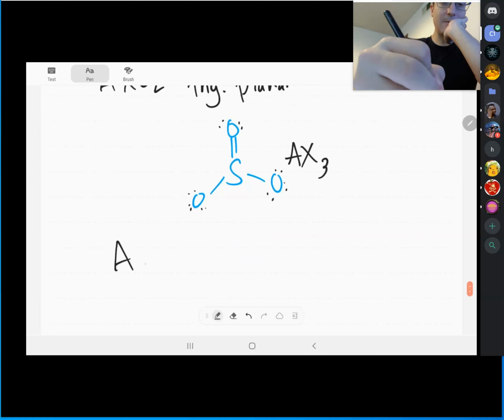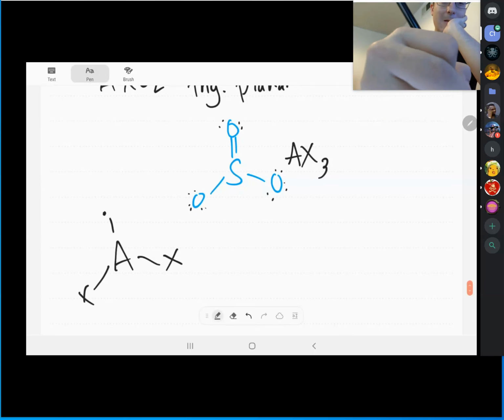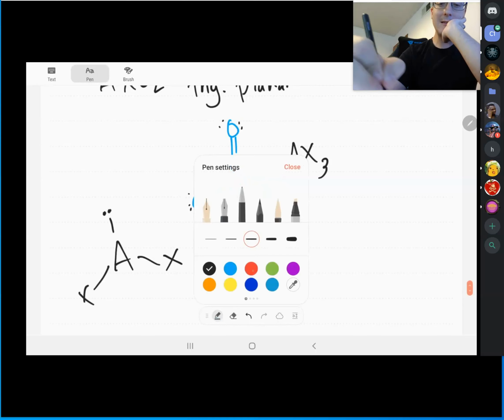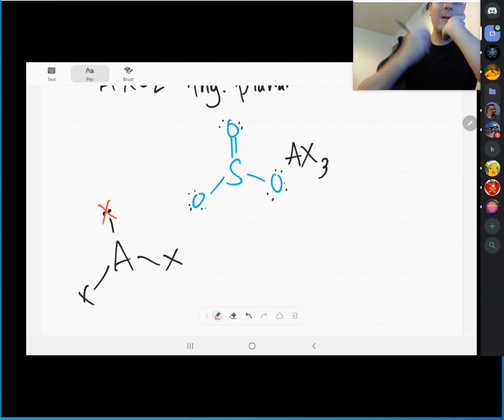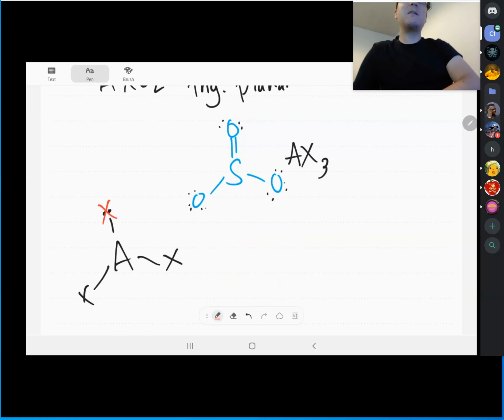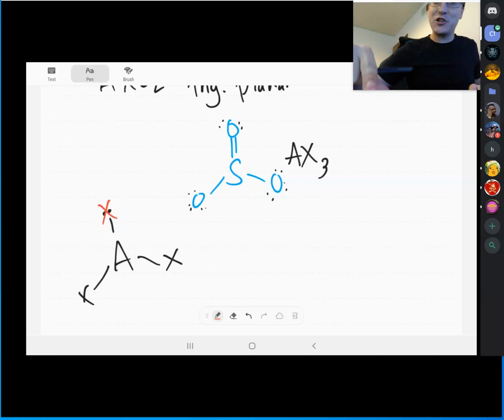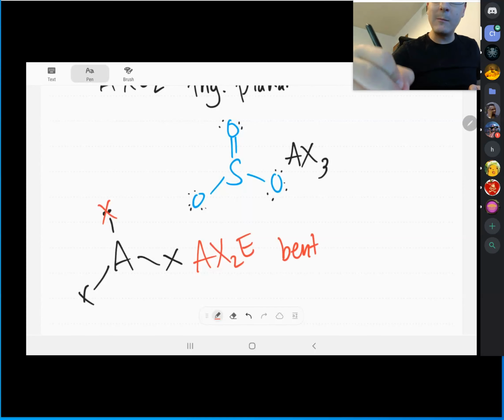So, I'm just going to, for brevity's sake, draw something like this. What did we say about this shape? What does this look like from before? Sad indeed, and remember we call that one bent out of shape, right? So this one that's AX2E, that's going to be bent.